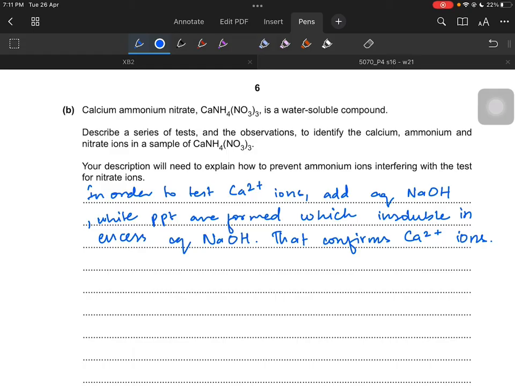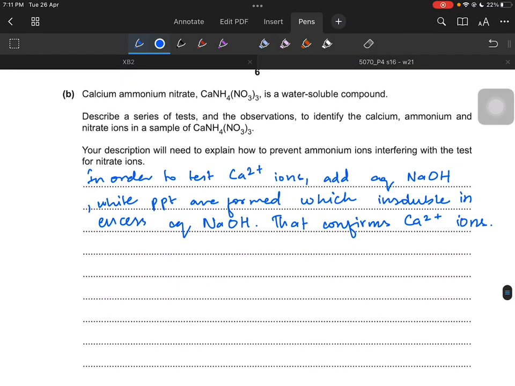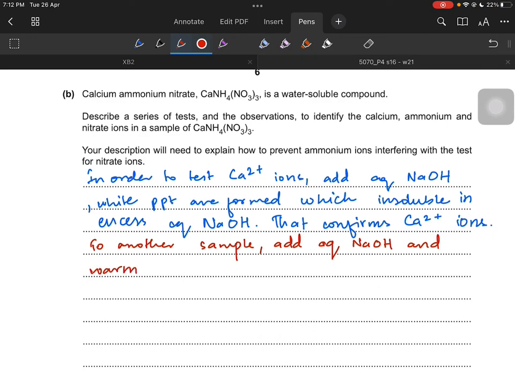Now we can jump to ammonium ions. When we talk about ammonium ions, we know the test for ammonium ions, we add aqueous sodium hydroxide and warm. So we can say we have already done the same thing. To another sample of the salt, add aqueous sodium hydroxide and warm. So when we warm it, a gas is released. Which is the gas?